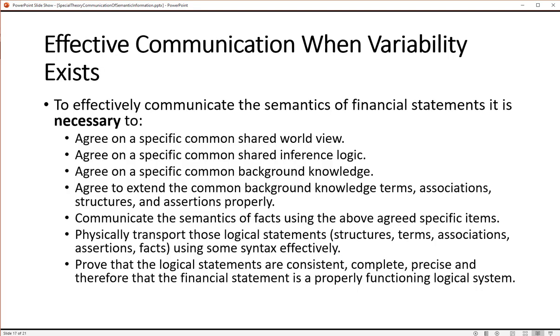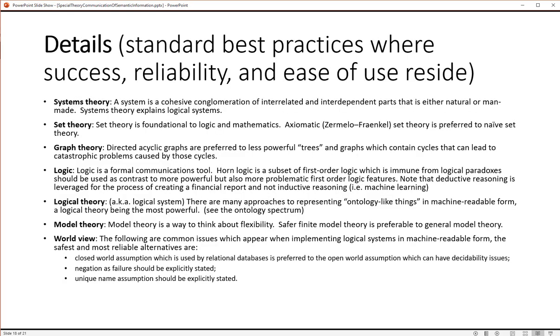So here are the different things that a system has to be able to handle in order to effectively communicate when you have the kind of variability that I'm explaining exists in financial reports. So I'm not making these ideas up.